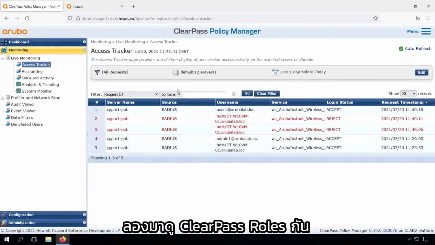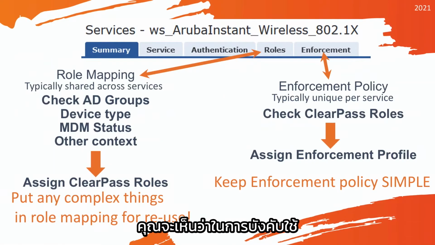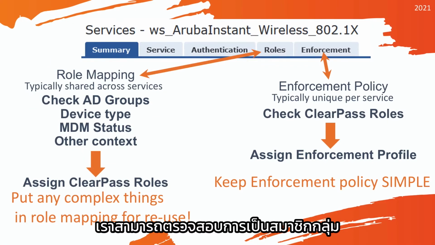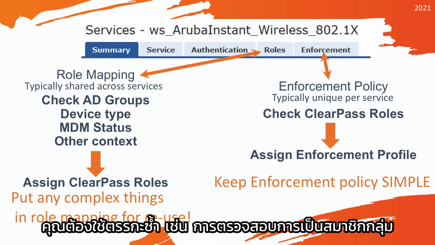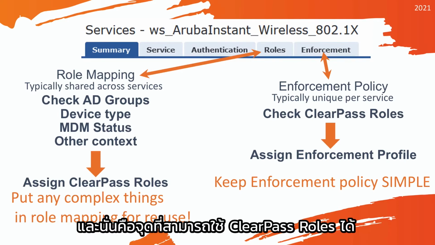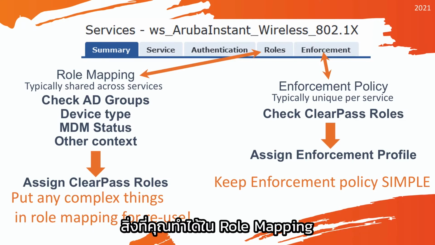Let's get to the ClearPass roles. You've seen that in the enforcement we can check group membership and return enforcement profiles. However, many times you need to repetitively do the logic like checking group membership, and that's what ClearPass roles can be used for. What you can do in the role mapping is check the group membership and then apply an internal label or tag, what's called a ClearPass role.